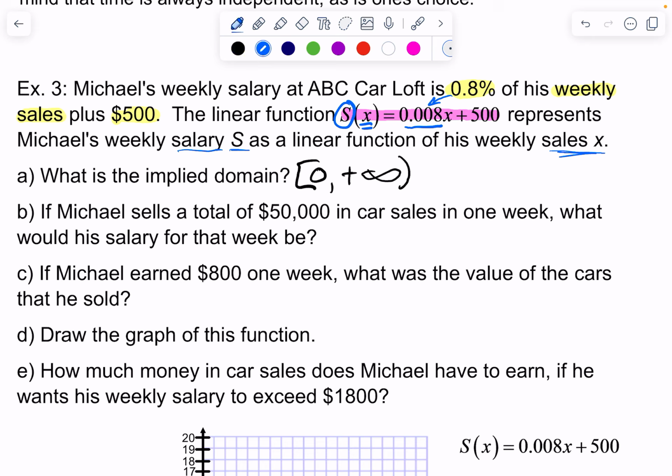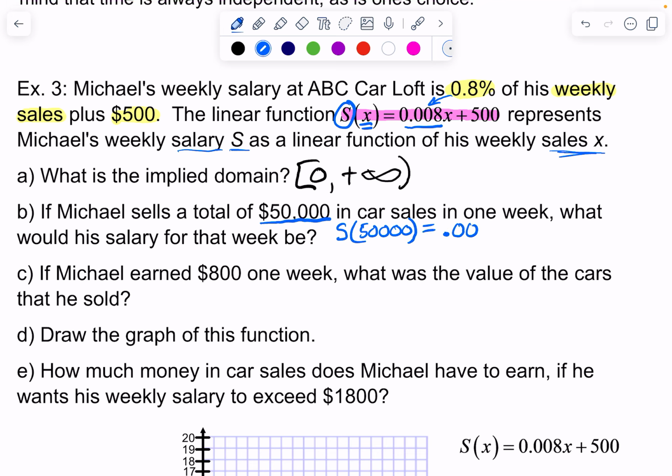Next, if Michael sells $50,000 in car sales in 1 week, what would his salary be for that particular week? Okay, so let's plug it in. We want to find what the salary of $50,000 in sales would be. So we're replacing our x, our sales, with $50,000.